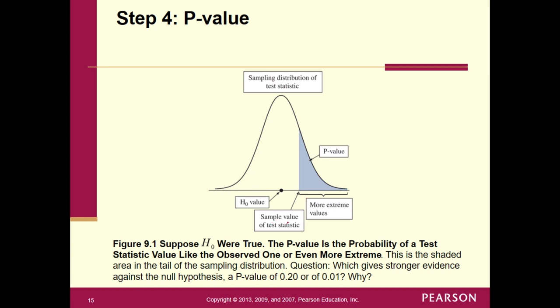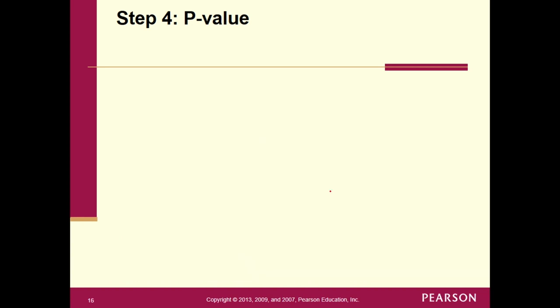This is the sample value, the value of the test statistic, like p hat or x bar. The p-value is the probability of getting something as rare as this, or more extreme than that. Believe it or not, calculating the p-value is pretty simple, and we're going to go over the specifics of that in 9.2. I promise you that.